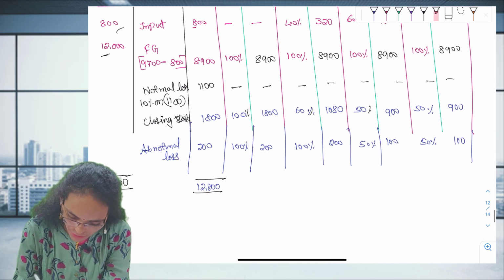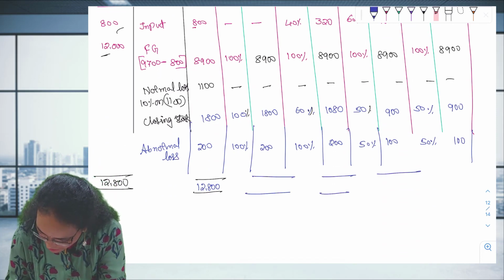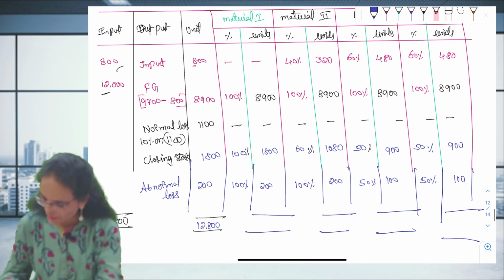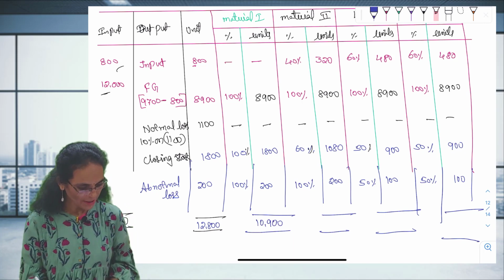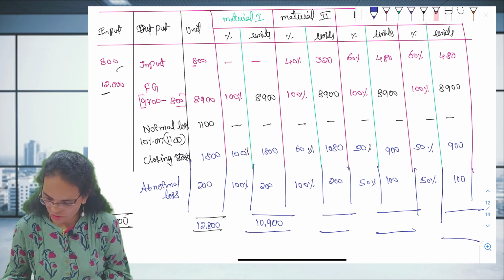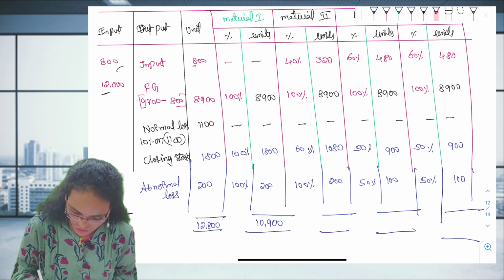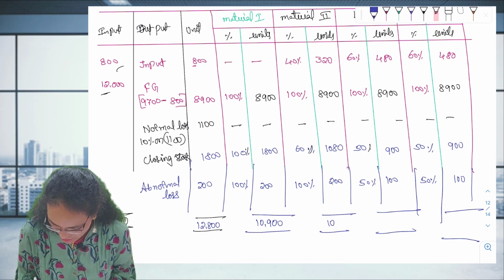Now you check what the equivalent production is. 8,900 plus 1,800 plus 200, that is 10,900, the material first one. 320 plus 8,900, 1,080 plus 200. This one, that is 10,500.